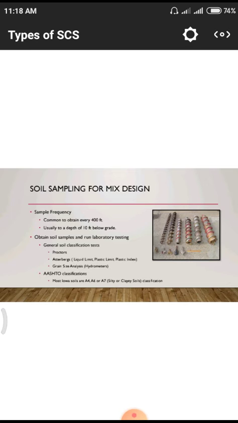The top samples are not suitable for testing. Why? Because of environmental parameters, a huge amount of pollutants mix with the top layers, so we dig up to 10 feet and then collect these samples. Only those we test, obtaining the soil samples and running laboratory tests.